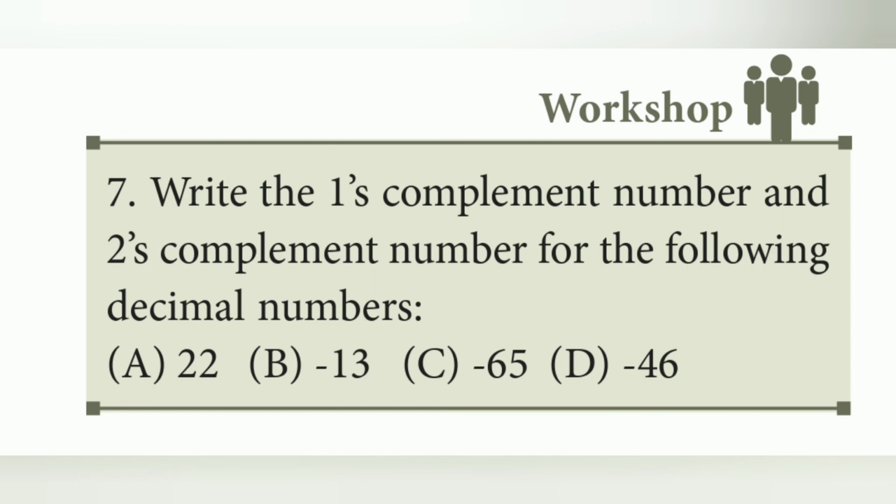That's it. Never try 1's and 2's complement for a positive number. For all the other numbers you have to do it, because the other 3 numbers are negative. Try these 4 steps for each negative number and highlight the 1's complement value and 2's complement value.